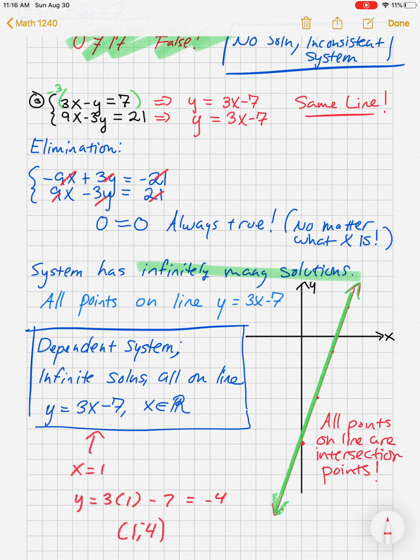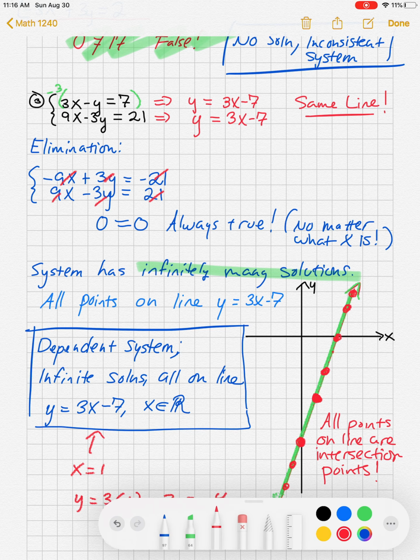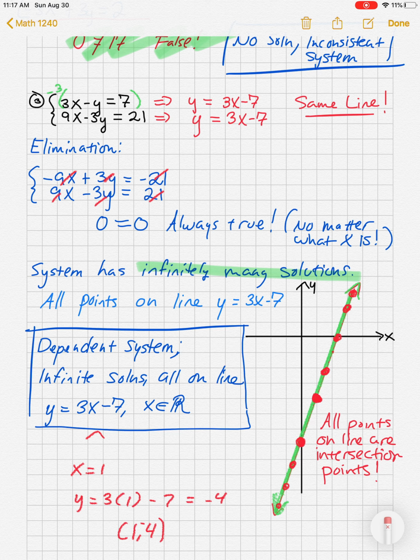So 1, 2, oh, look at that. There's that point. So it works, right? If I plug in 0, I'm going to get negative 7. So I'm going to get all the solutions, all of the points that lie on this line. So that was just to show how that works. That's all you need to write in terms of the solution.